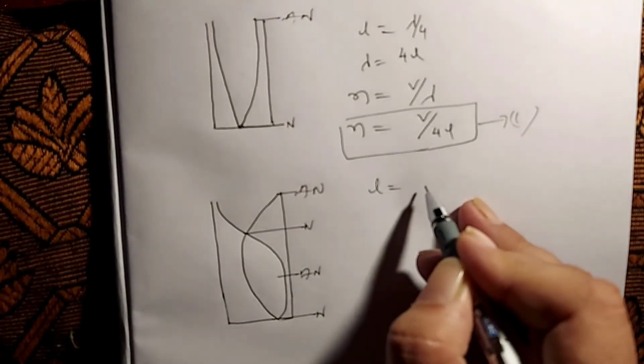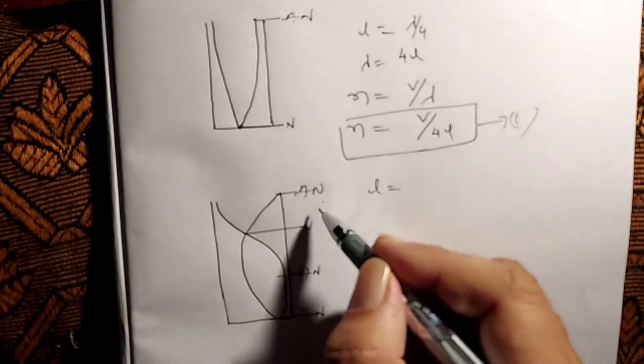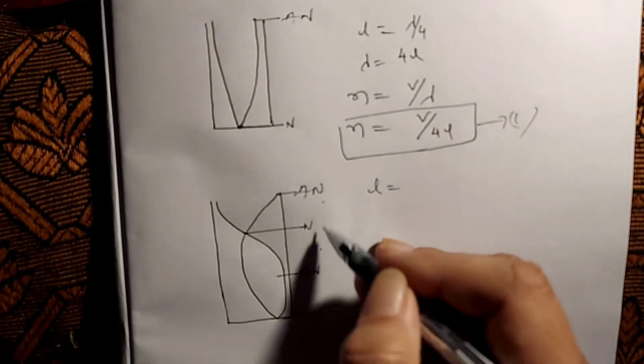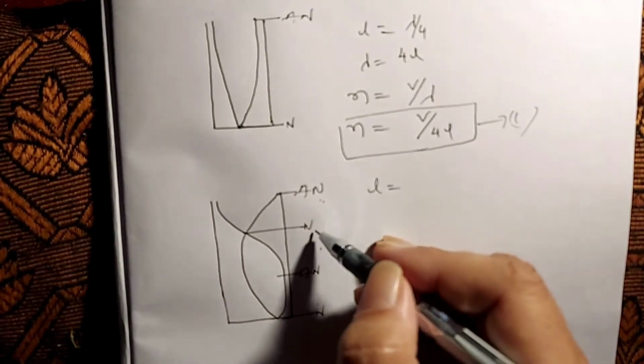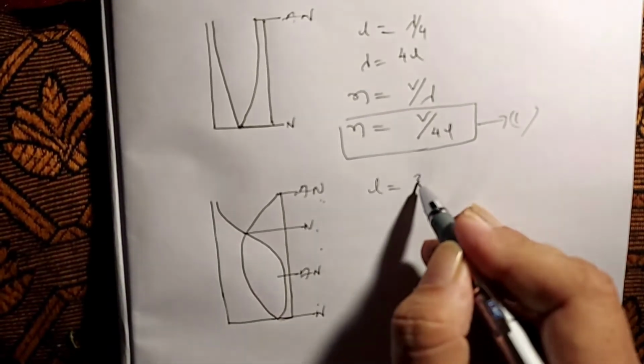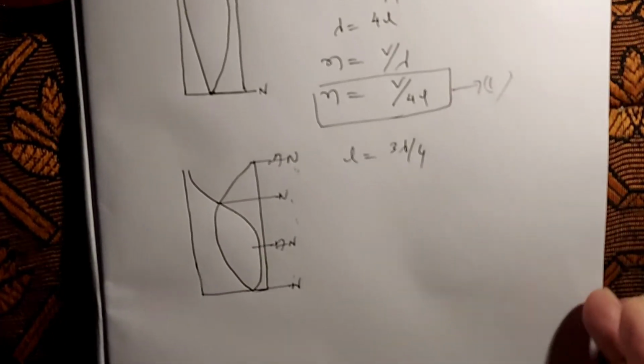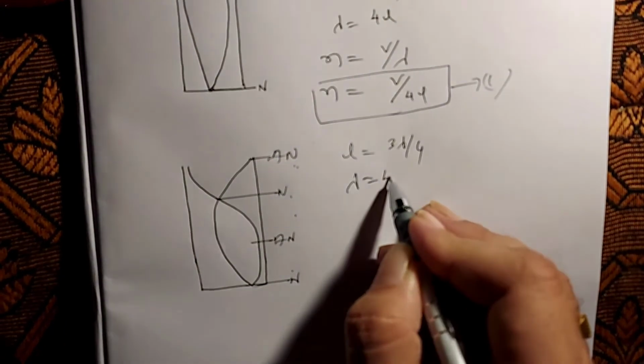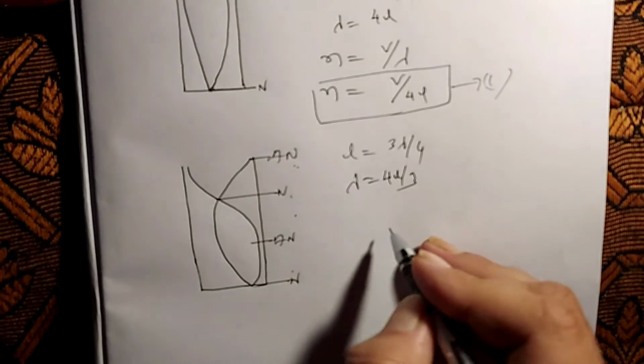L is equal to lambda by 4 plus lambda by 4 plus lambda by 4. Antinode to node is lambda by 4, node to antinode is lambda by 4, antinode to node is lambda by 4. That is equal to 3 lambda by 4. So lambda is equal to 4L by 3.